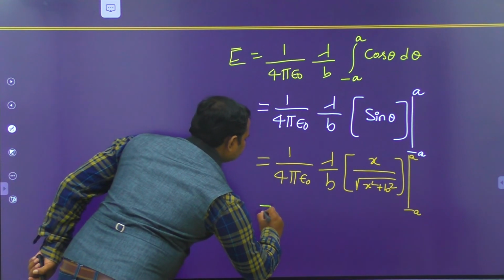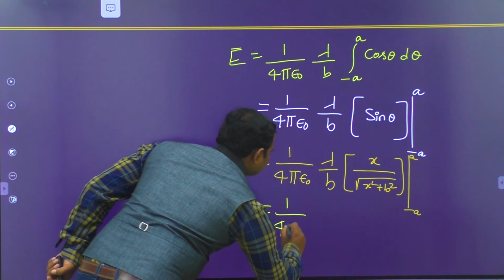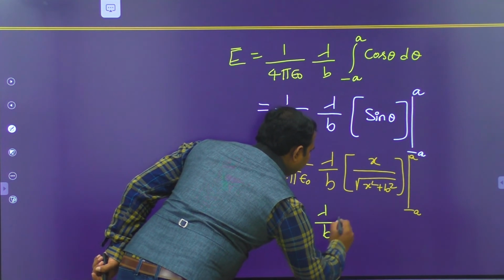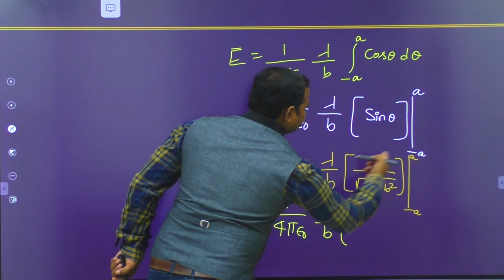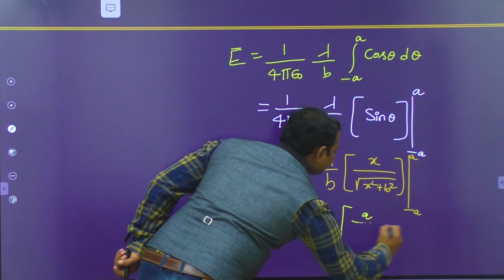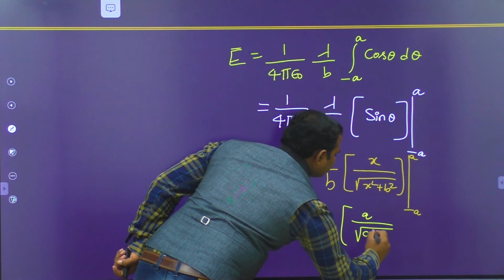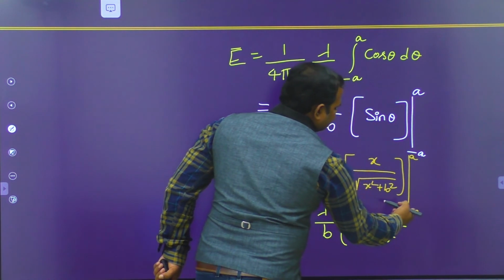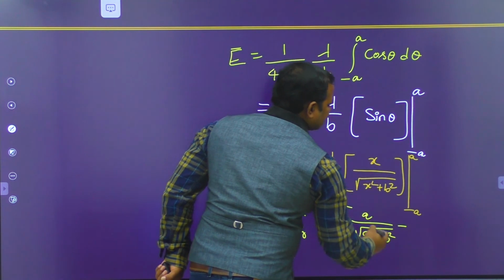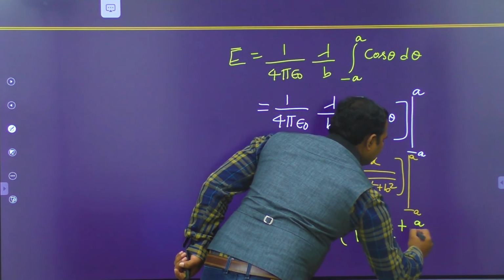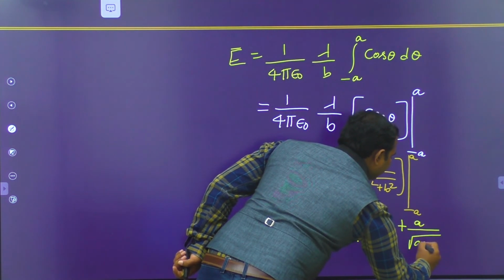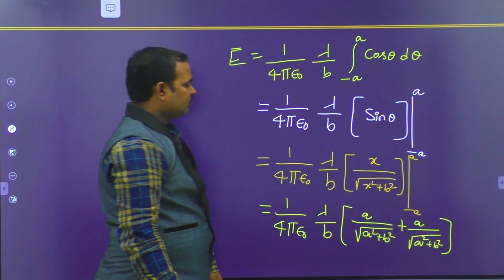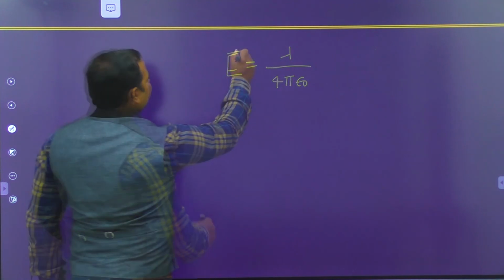So 1 by 4 pi epsilon naught, lambda by b. When you substitute the value, it will be a by root of a square plus b square minus, when you substitute minus a in this one, minus into minus plus, a by root of a square plus b square. Now let us rewrite this.